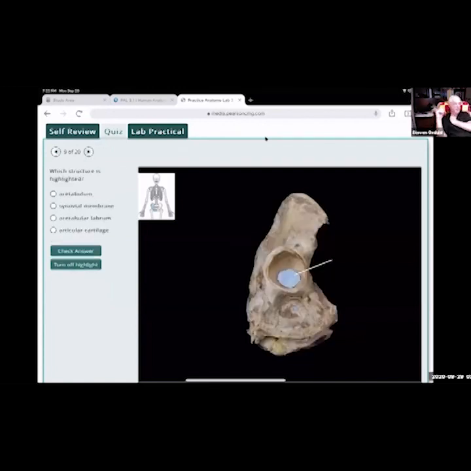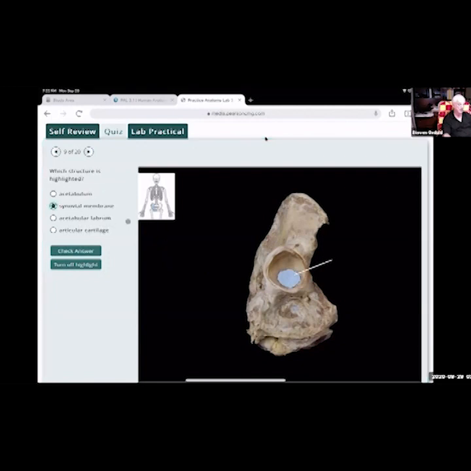What structure is highlighted? It's a little bit tricky. It's not referring to the whole space. In other words, if this whole thing was blue, that'd be the acetabulum. It's the kind of lining inside of the joint. The synovial membrane.